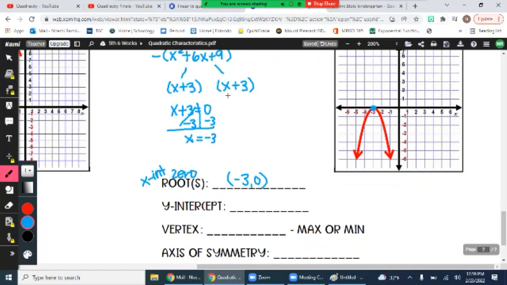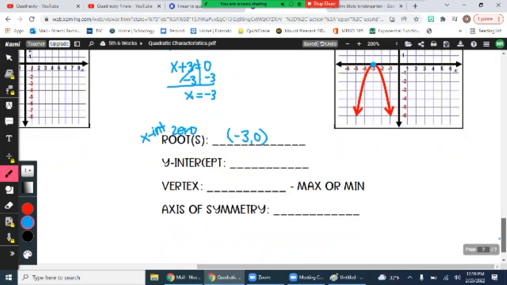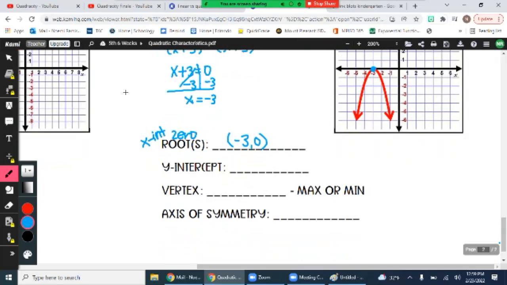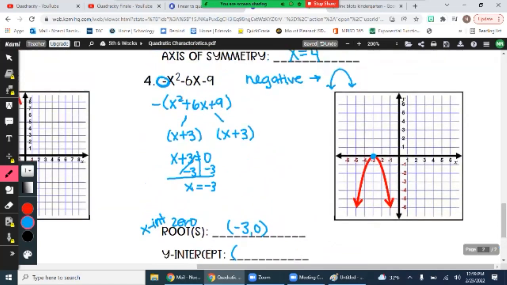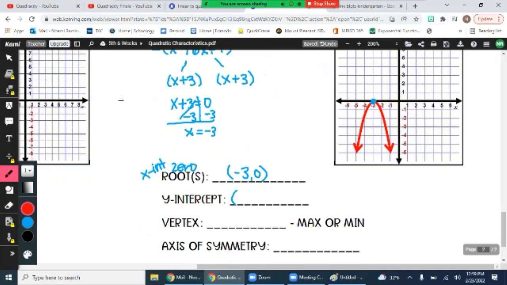Once again, we have one with only one zero. It could, like the example above, have no zeros, or it could have two zeros, like in the other examples. Can we see the y-intercept here? Not on the graph, but can we find it on the equation? What is my y-intercept? -9. So it would be 0, -9.